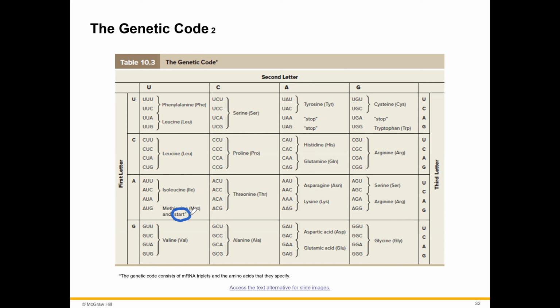So to start making any protein, you need to start with AUG. And if you look over here, some codons, UAA, UAG, or UGA, do not code for any amino acid. They mean stop. So when we reach this codon, that means we are done with polypeptide synthesis.